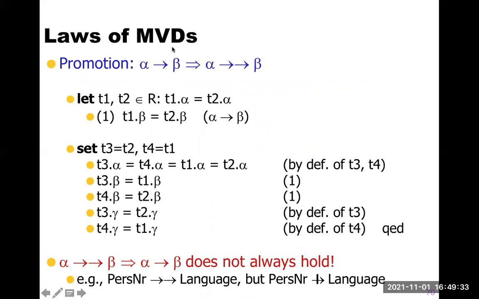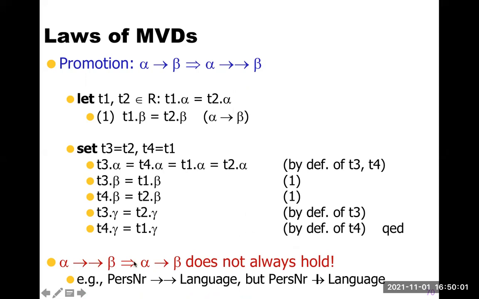If we have a functional dependency, we may say that's just a corner case for multi-value. So if beta depends on alpha functionally, then beta depends on alpha multi-value, but somehow it happens that beta has just a single value. That's possible. So that can be proved too.